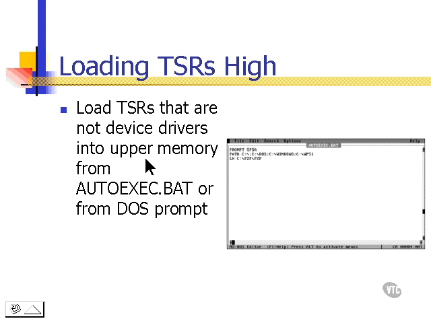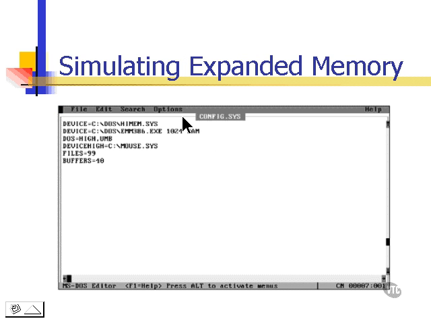We can also use the config.sys file to simulate expanded memory. In this case, we would start off with the same line, device equals c:\dos\himem.sys, but the next line would be device equals c:\dos\emm386.exe, and then a space, and then the amount of expanded memory that we wanted to free up, and then a space, and then the word RAM, R-A-M.